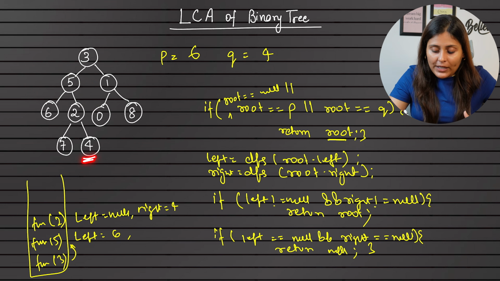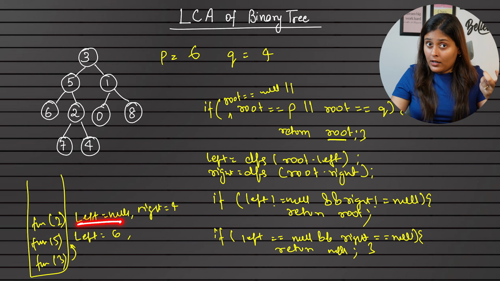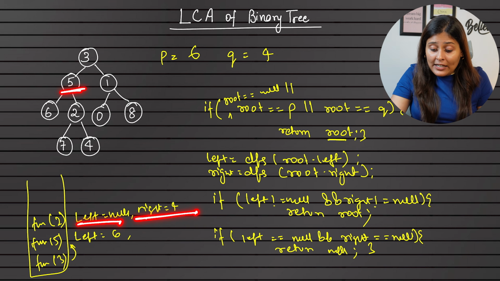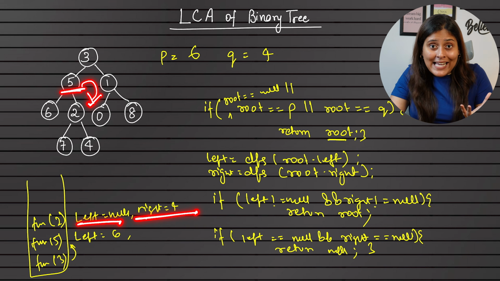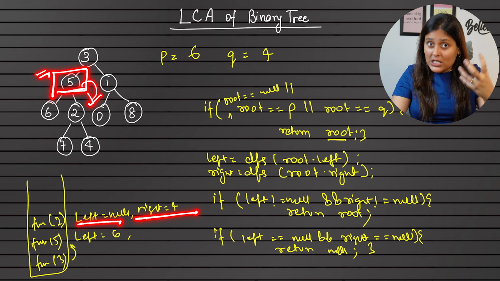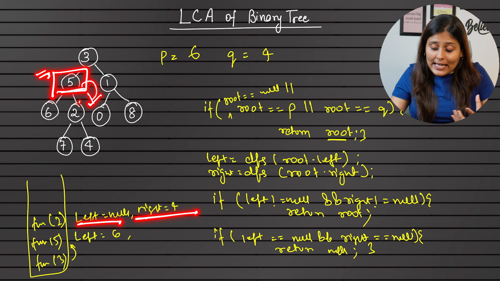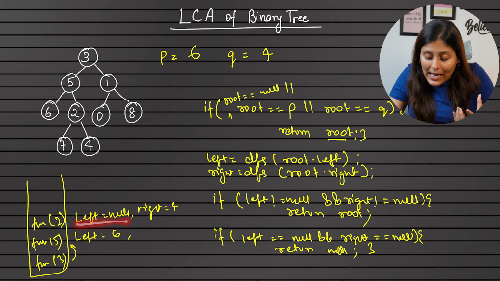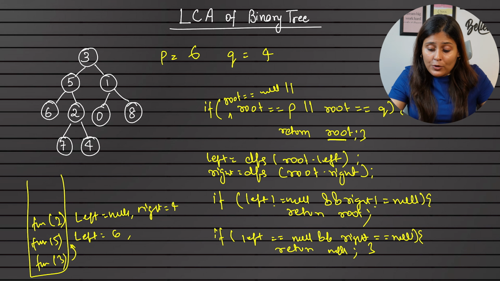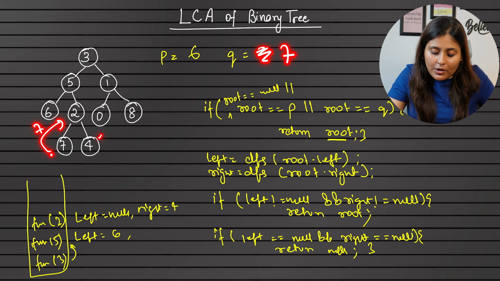So we received 4 at 2's right side. But from 2's left side we have null, and from 2's right side we have not null. And 5 is expecting a not null value from the right side so that it can announce itself as the common parent, which is the lowest common ancestor. So can I say that if left is null and right is not null, return right? Similarly, suppose it was about 7, not 4. Then 7 would get returned from here and null from the other side.